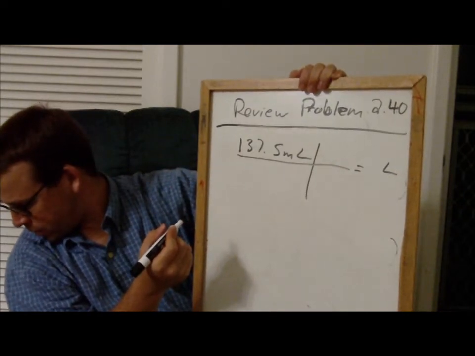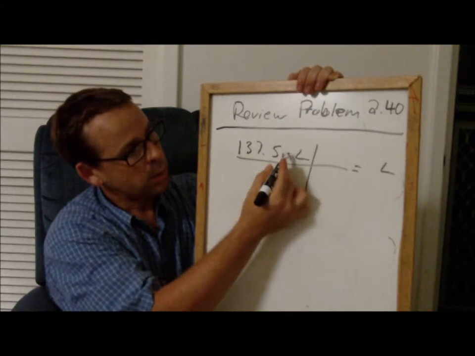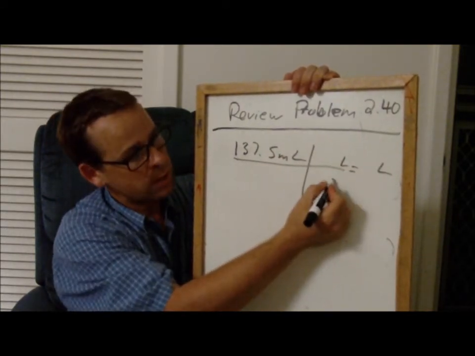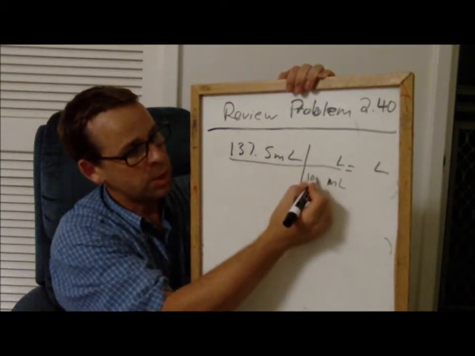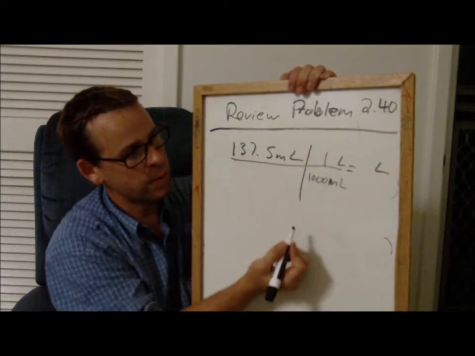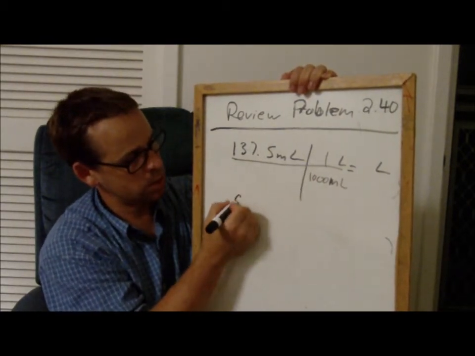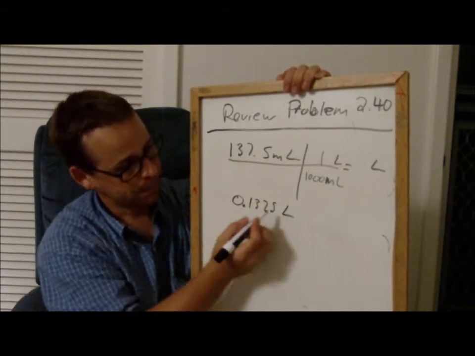We want to get rid of milliliters and we want liters on top, right? So we have liters on top, milliliters on the bottom, and then we put in our values. There's 1,000 milliliters for every liter. So 137.5 divided by 1,000, which is 0.1375 liters. All right.